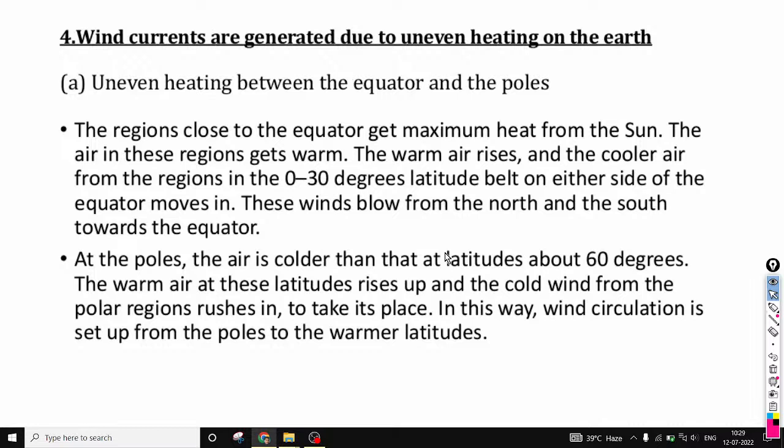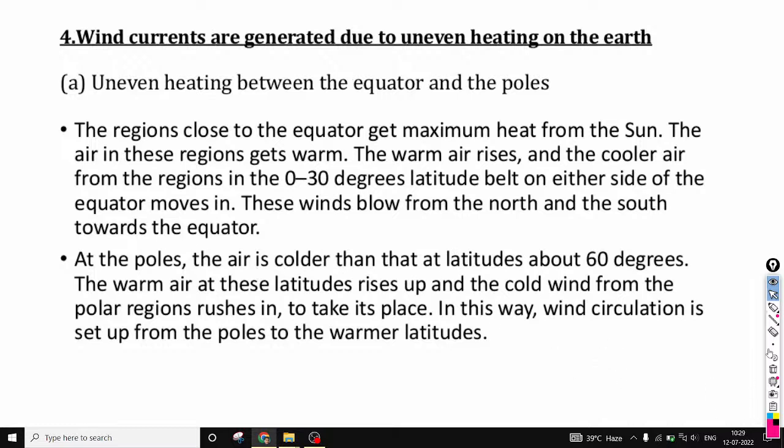The region close to the equator gets maximum heat from the sun, and the air in these regions gets warm and rises, and the cooler air from the region of the 0 to 30-degree latitude belts on either side of the equator moves in.